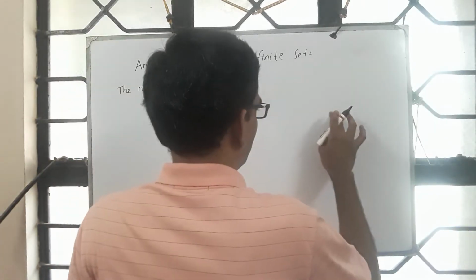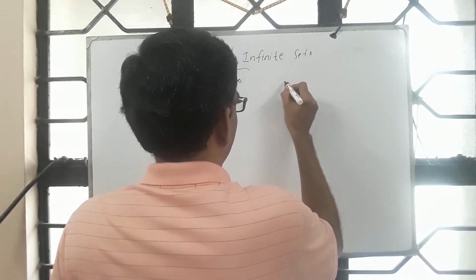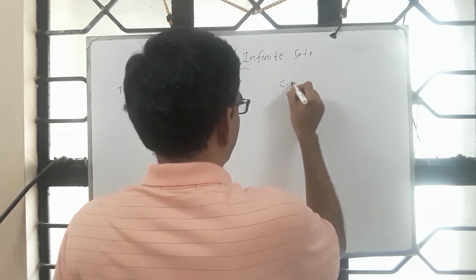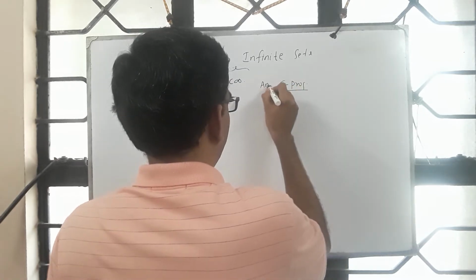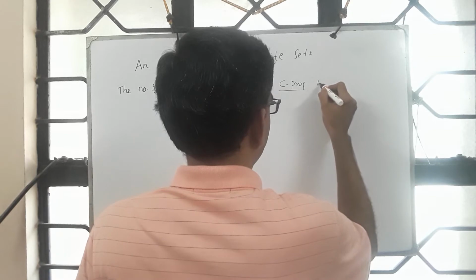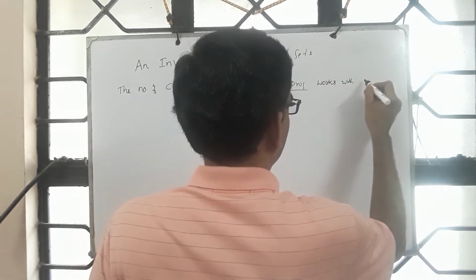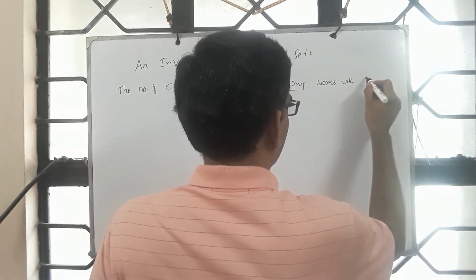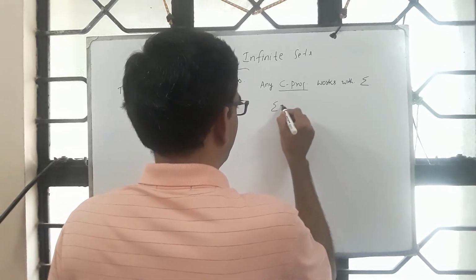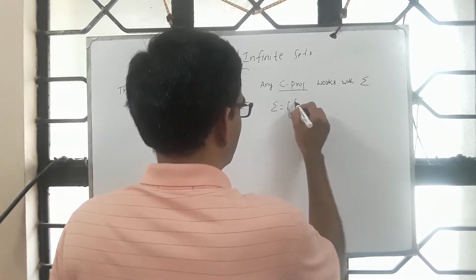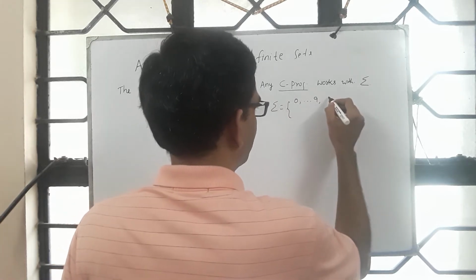Please note, when we write a C program, any C program works with some alphabet, some sigma. We are allowed to use numbers. In fact, whatever you see on the keyboard, one can use, right?